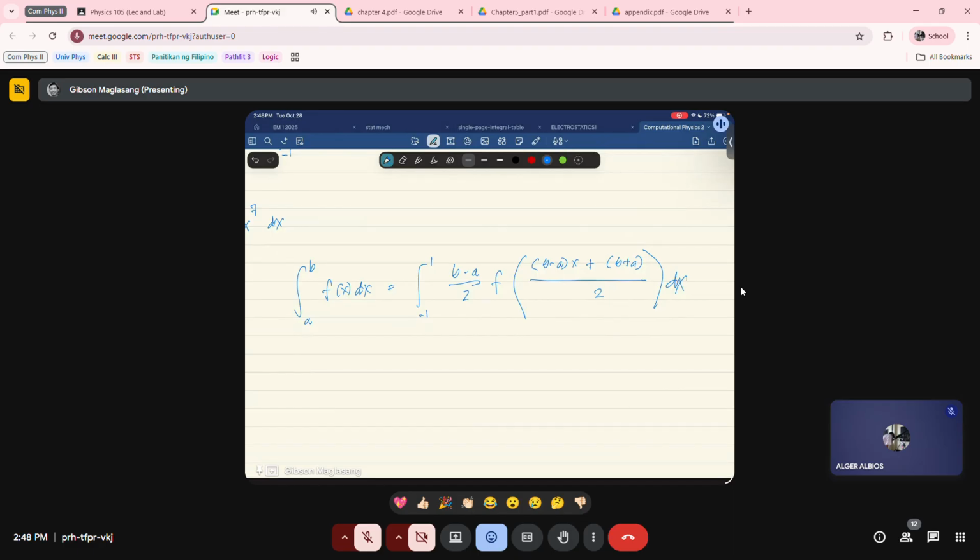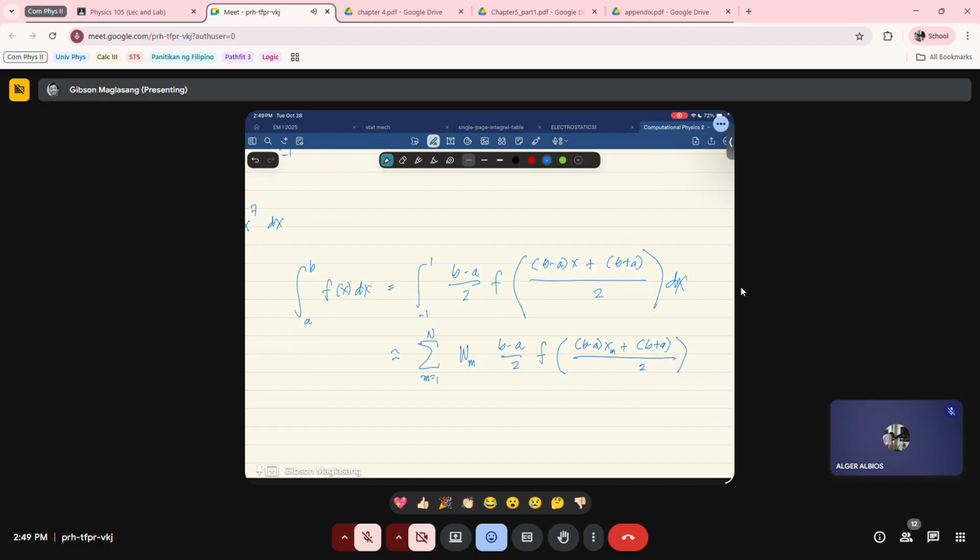And this can be converted into the summation, the right-hand side of your integral up to n. So this would be w sub m, then b minus a over 2, times f of b minus a x sub m plus b plus a over 2.